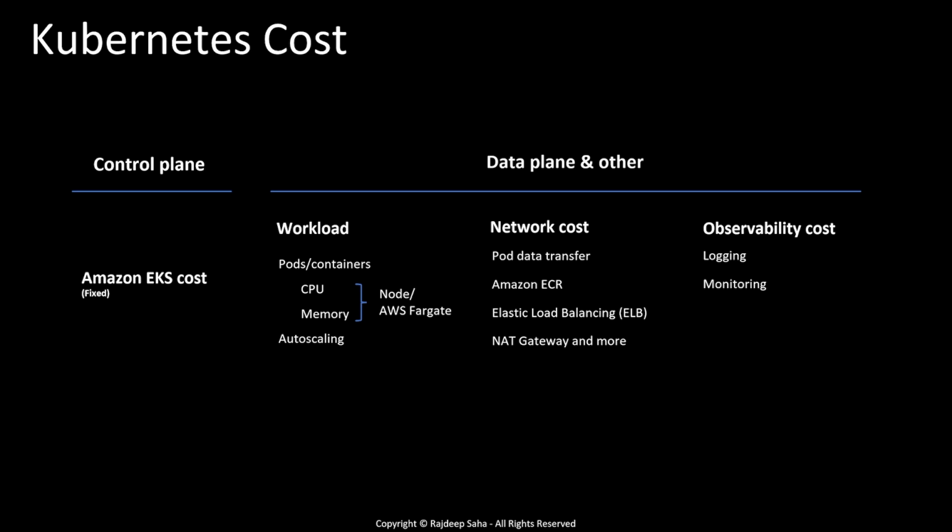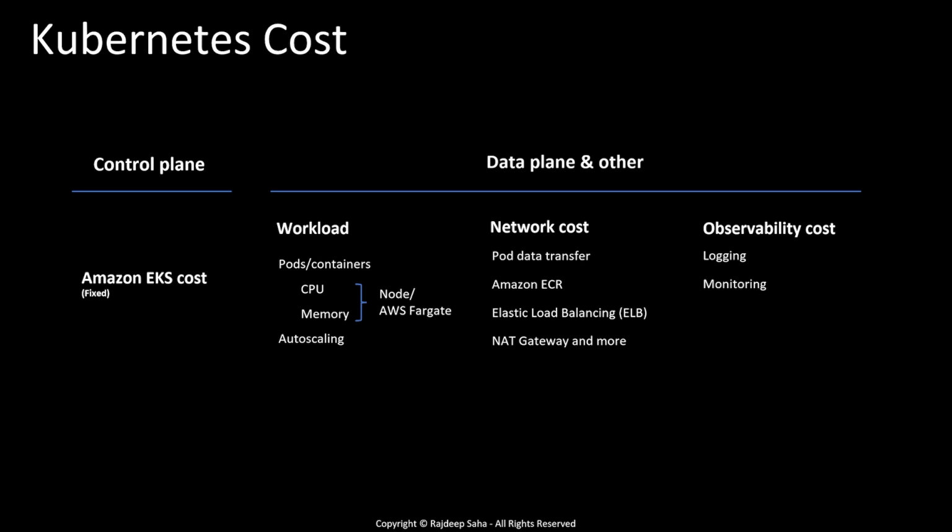AWS will scale up your control plane as needed and handle the higher capacity cluster. Data plane cost is broadly divided into three main categories: the workload cost, which is the cost of your pods and containers running inside EC2, so the compute cost based on CPU and memory, either for EC2 or AWS Fargate, and also it's tied to auto-scaling.